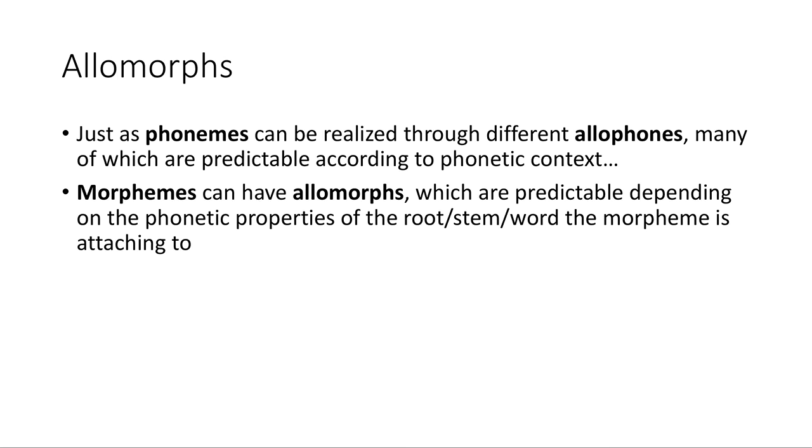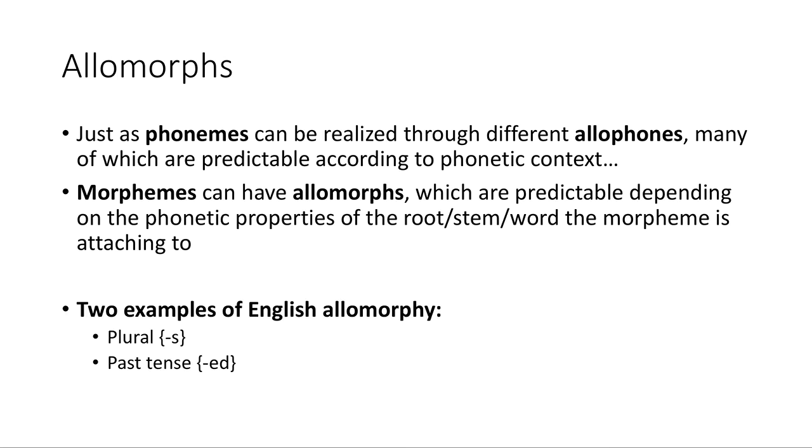When we're talking about morphemes, we talk about allomorphs. These are phonologically different realizations of the unit of meaning of the morpheme, which are predictable sometimes, not always, but just like with allophones, often depending on the phonetic properties of the root, stem, or word that the morpheme is attaching to.